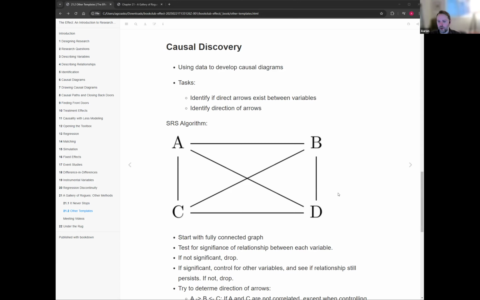And so what you basically do is you start with the idea that you have all your variables and you're going to make a fully connected graph, right? And then you have an algorithm behind the scenes testing for significance between individual variables like A and C, for instance.